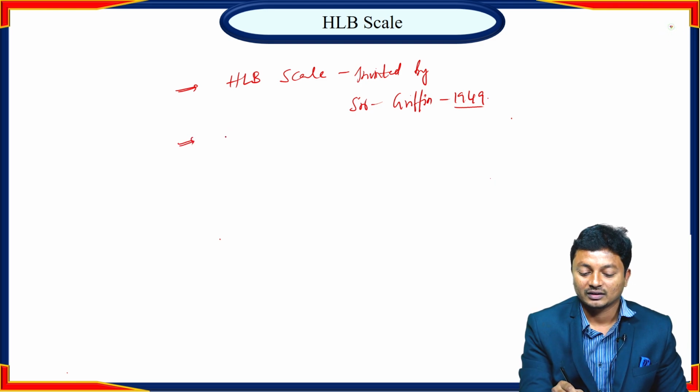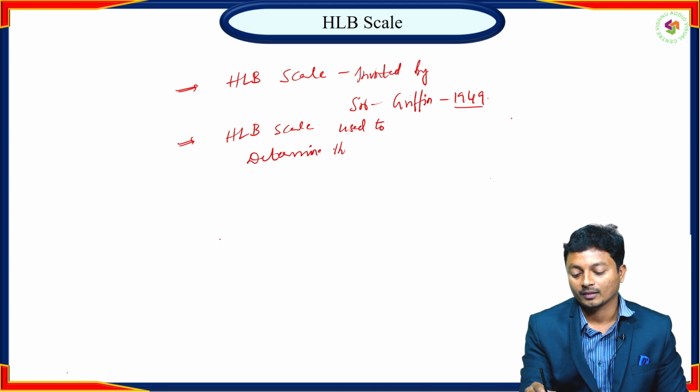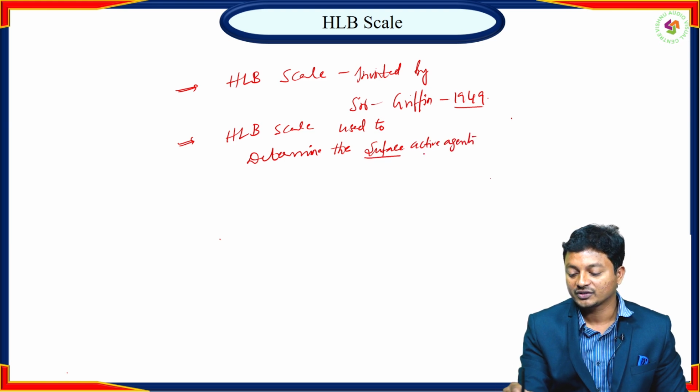The major use of this HLB scale is to determine the surface active agents. The surface active agents, also known as surfactants, to determine the nature of the surface active agents.